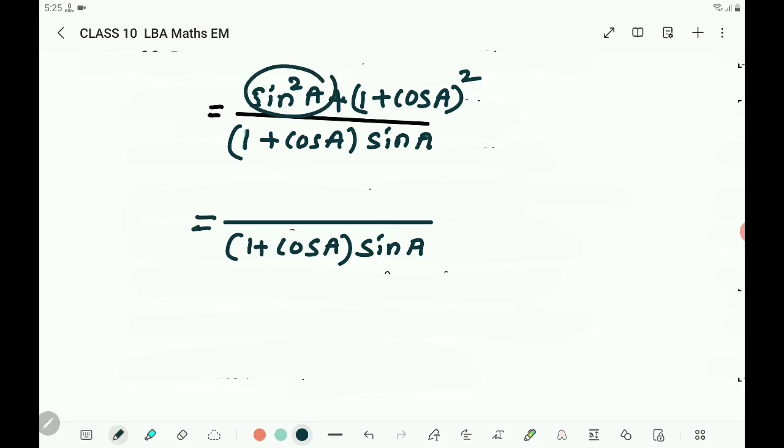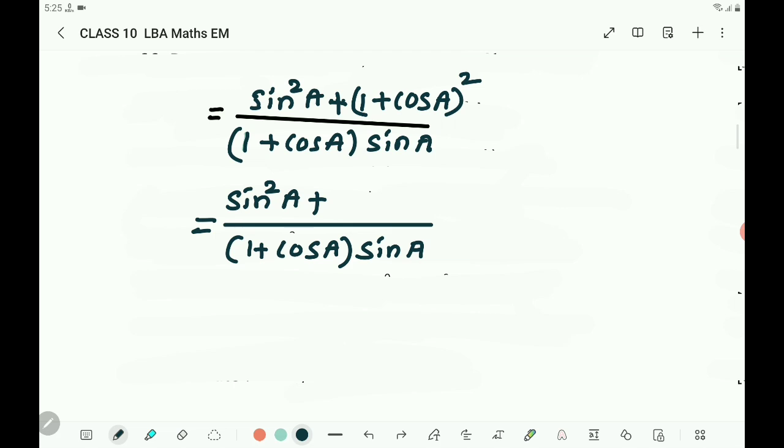In the numerator, write sin square A as it is. Expand it by using the identity (A plus B) the whole square.